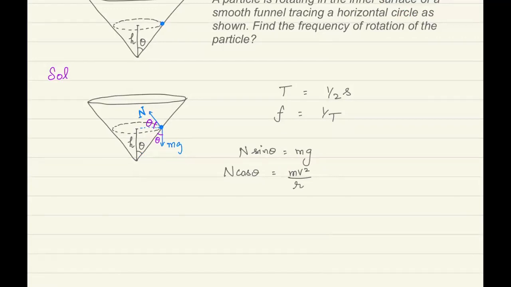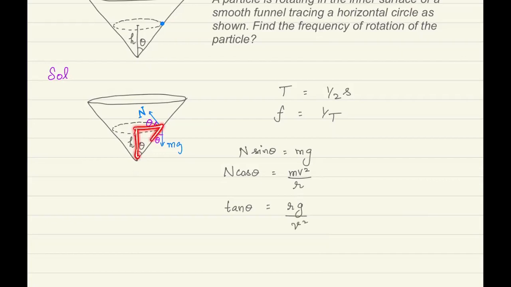Now we'll divide the two equations. Why are we dividing? So that N gets cancelled out and m gets cancelled out, and we can see that tan theta will be equal to g divided by v square by r, so that r comes to the numerator. I can write it as rg by v square.